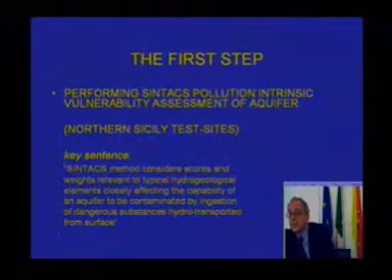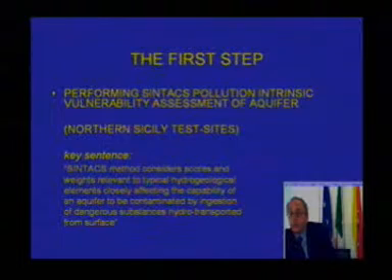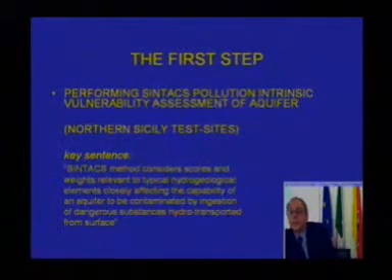The SINTACS method is one of the most applied protocols to assess vulnerability in Italy. This method consists of considering scores and weights relevant to hydrogeological elements. These elements closely affect the capability of an aquifer to be contaminated. This is the first step.